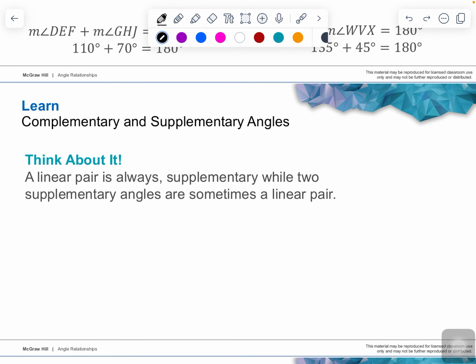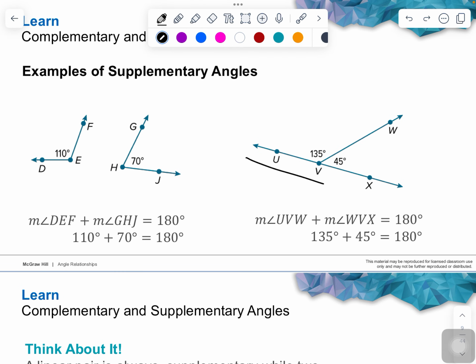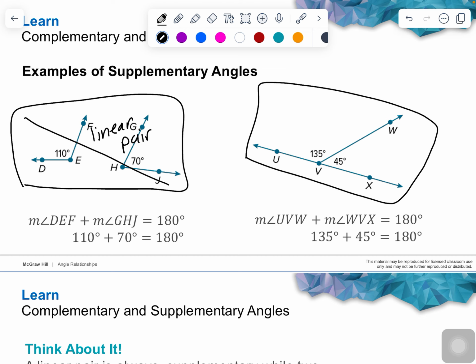So the Think About It here says a linear pair is always supplementary, while two supplementary angles are sometimes a linear pair. So if we look at this linear pair, always supplementary. But these ones, not linear pair.